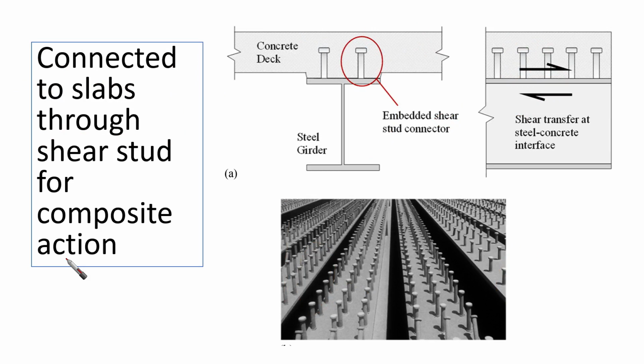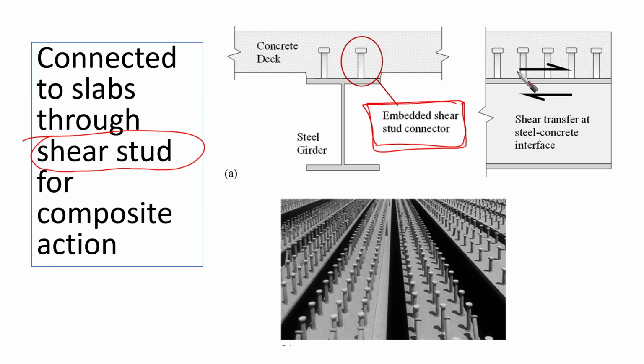Another thing, whenever we arrange the steel beams in a floor, they are connected to slabs through what we call shear studs. This is an embedded shear stud connector. You can commonly find it very large when we're talking about bridge decks and so on.